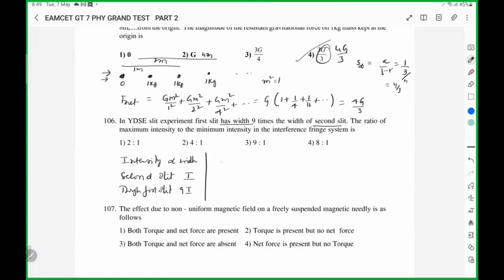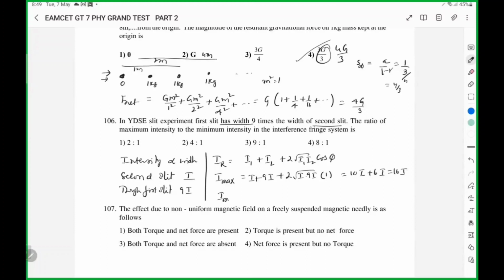The resultant intensity is I1 plus I2 plus 2 root I1 I2 cos phi. I maximum will be when cos phi is 1: I plus 9I plus 2 root I times 9I, that is 10I plus 6I, 16I.